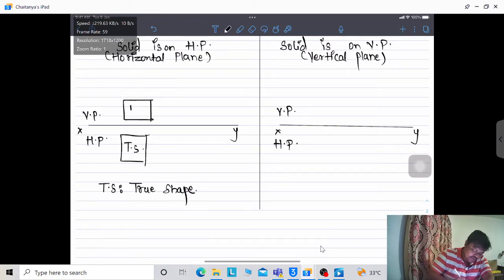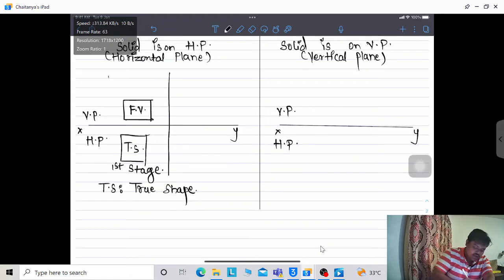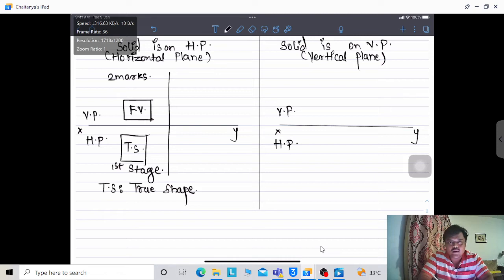And when you've completed the first stage, you have 2 marks out of 6. Okay, it's quite simple. I'll tell you in the example part, but just for the basics, our techniques are important. So we'll always start with the true shape. Why?